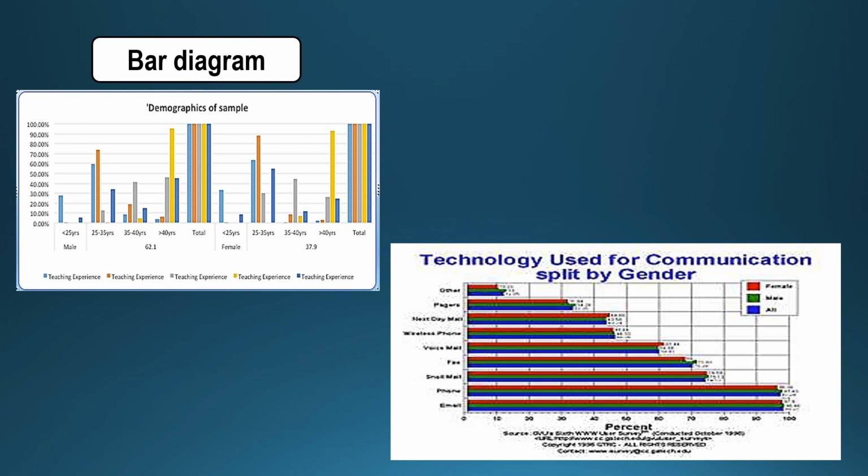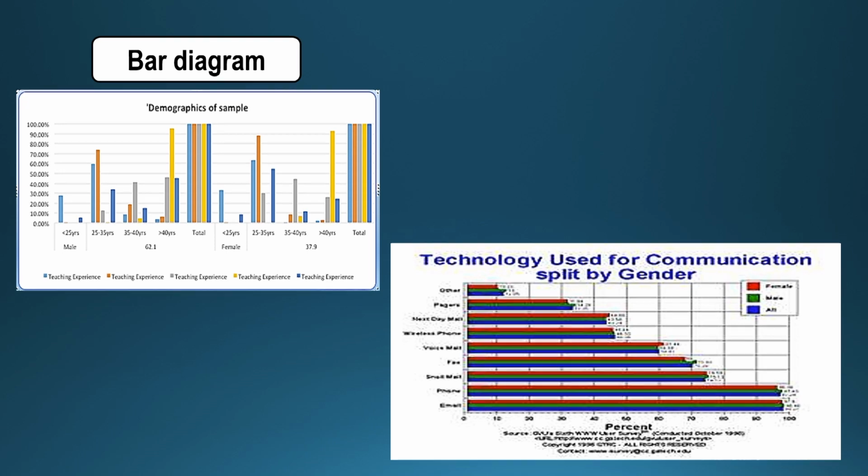Or if you're interested in finding out the technology used for communication split by gender, and you have the various technologies which can be used by male and female, then you can represent it by the bar diagram.